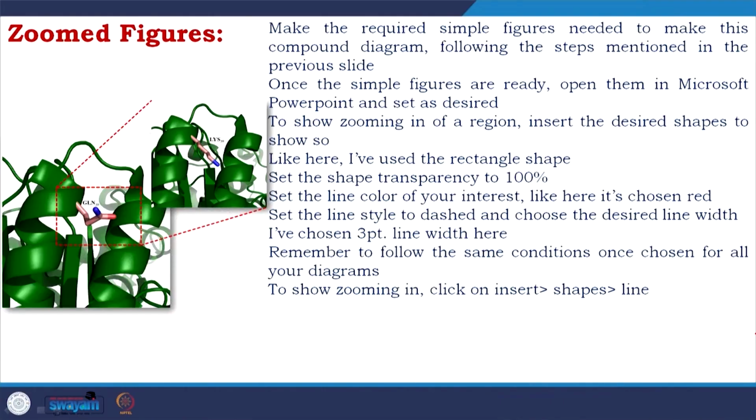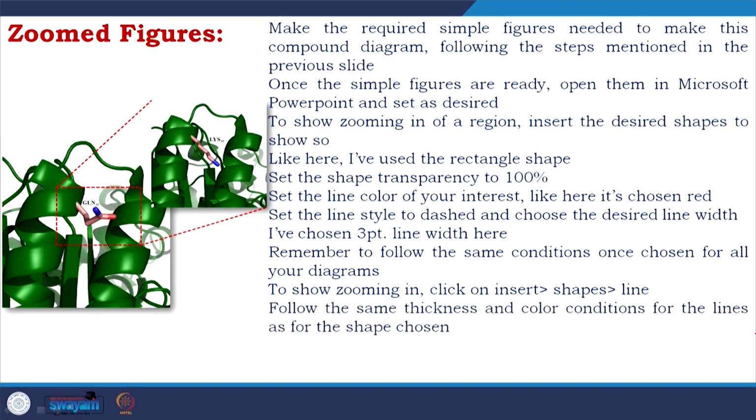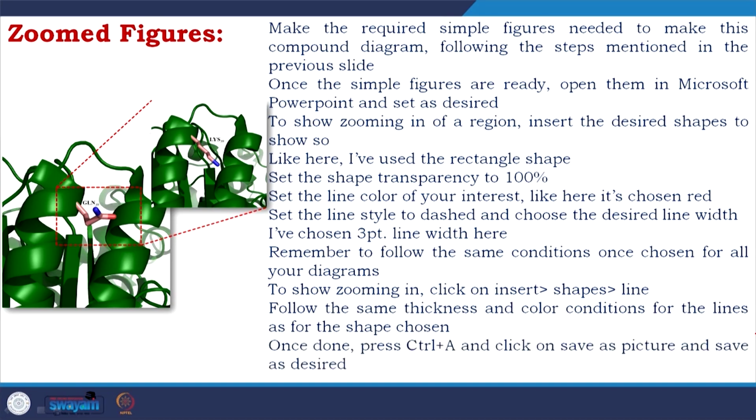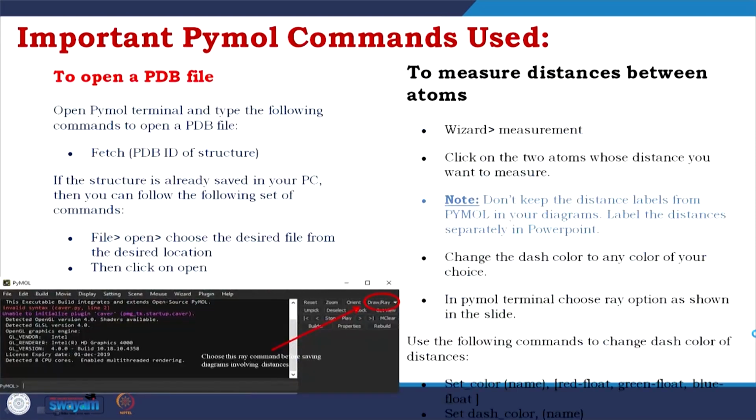To show zooming in, click on insert, shapes, line. Follow the same thickness and color conditions for the lines as per the shape chosen. Once done, press Ctrl A and click on save as picture and save as desired in the desired location.